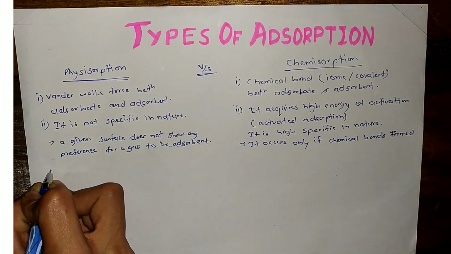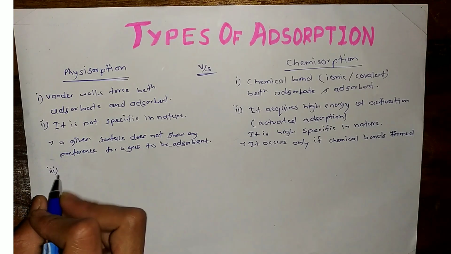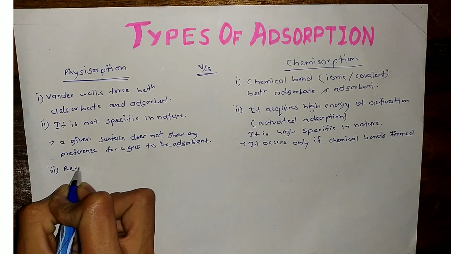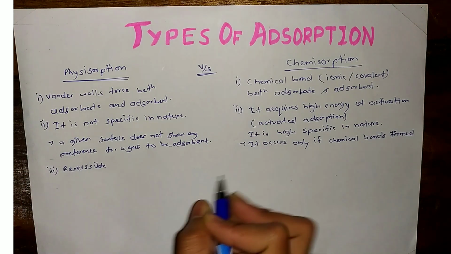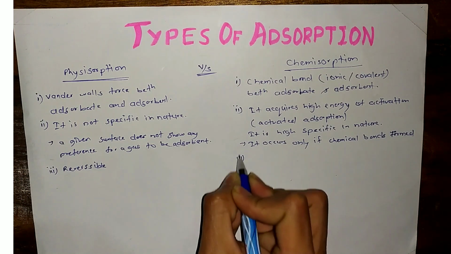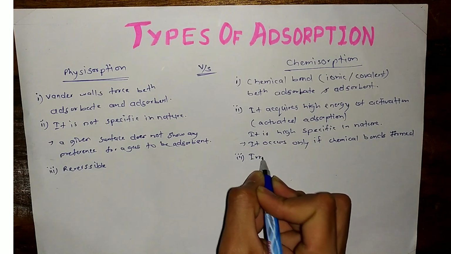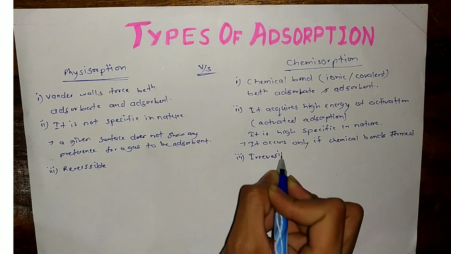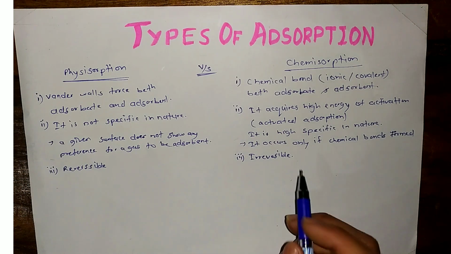The third difference is that physisorption is reversible, but chemisorption is irreversible. It can't be reversed.